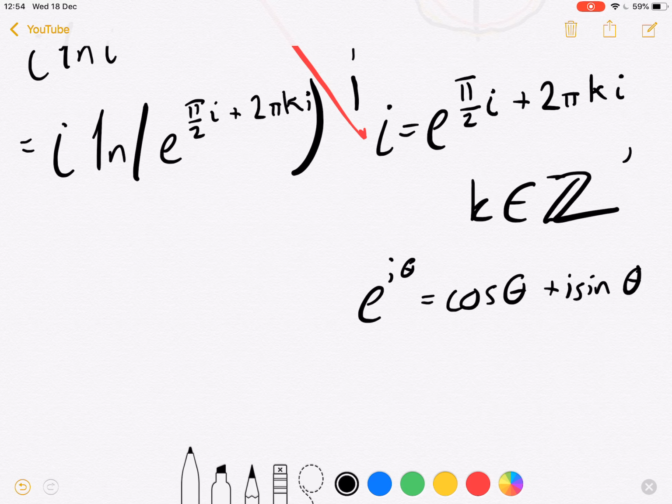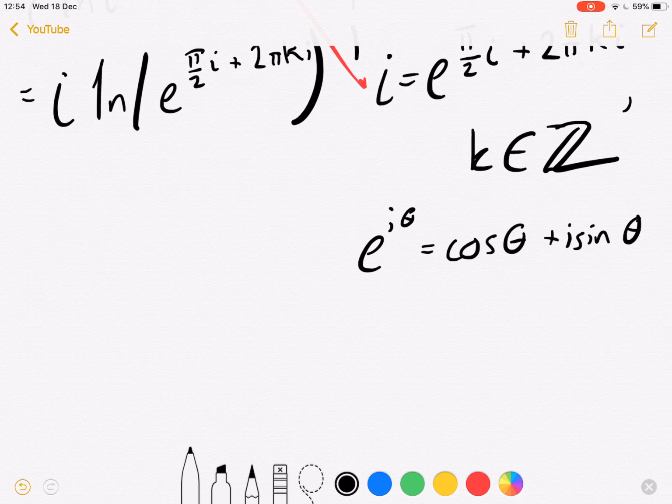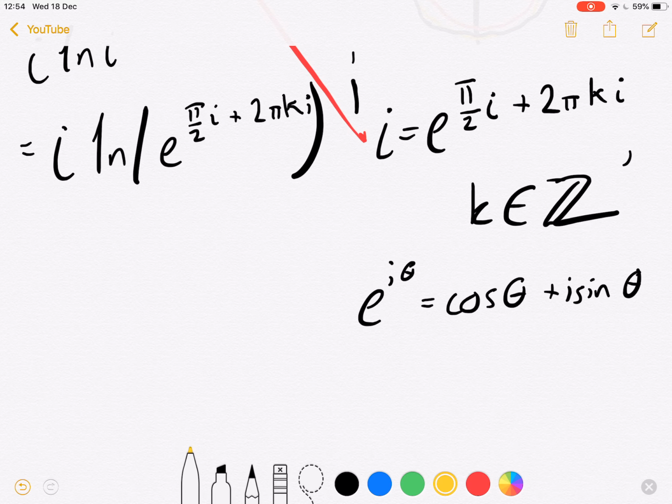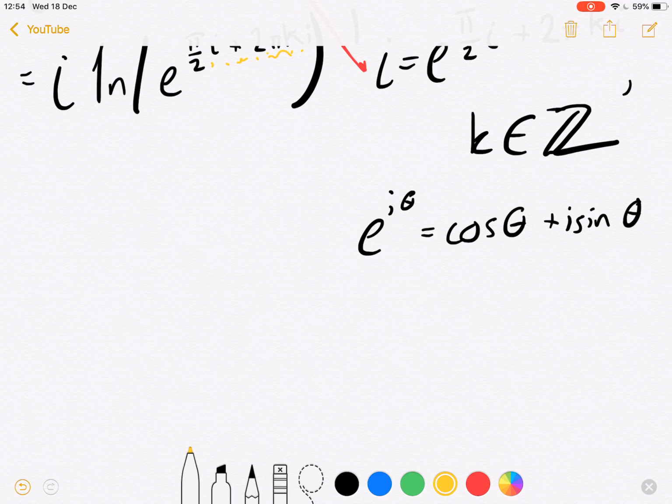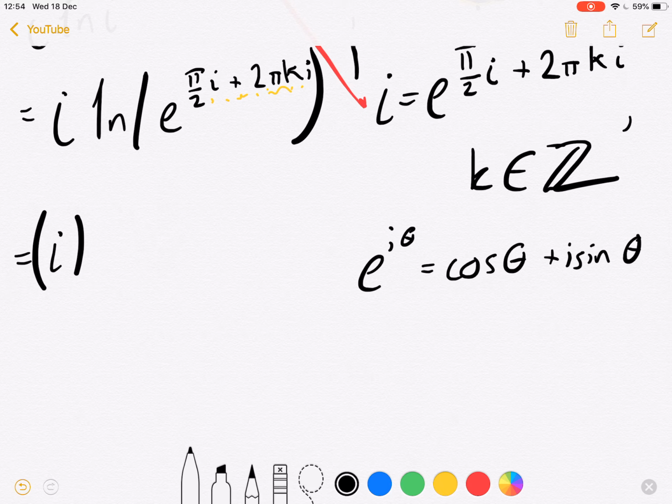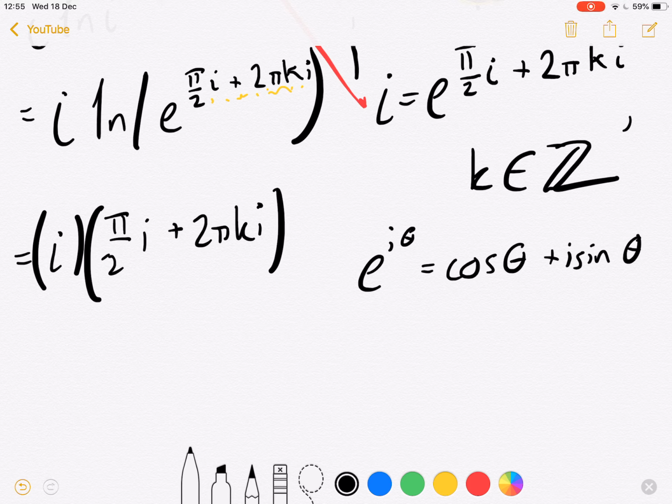And then again, if we use the normal logarithm rules, we can bring this blob down. So this would then be equivalent to i multiplied by pi over 2 i plus 2 pi k i, and then multiplied by the natural logarithm of e.